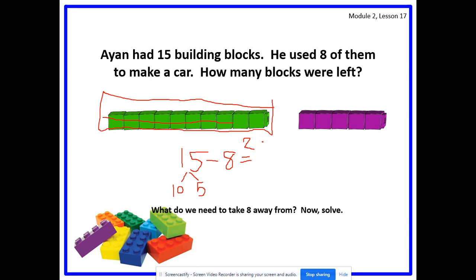How many do we have left outside the box? Get ready. Yes, 5. 1, 2, 3, 4, 5. So 2 plus 5 equals, get ready. Yes, 7. So 15 minus 8 equals 7. Make sure that you had boxed your answer so that we know what your answer is.